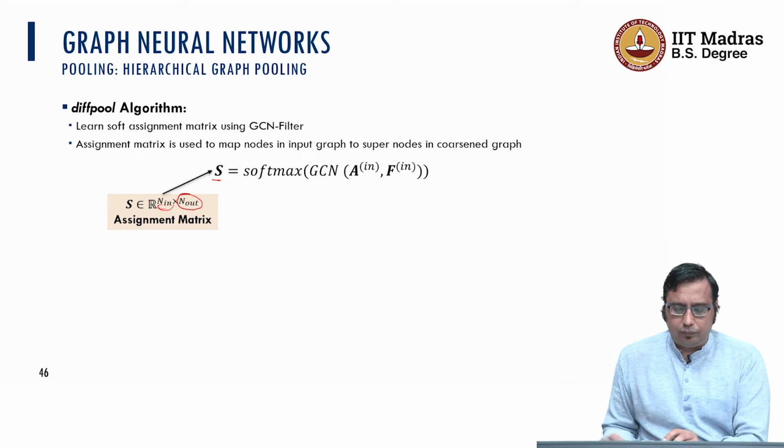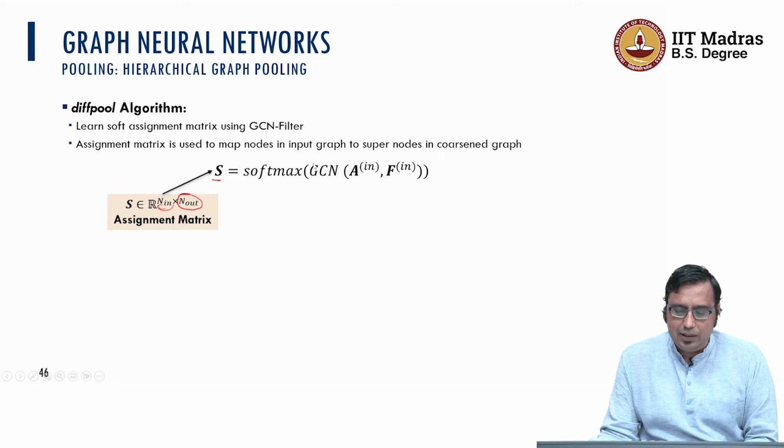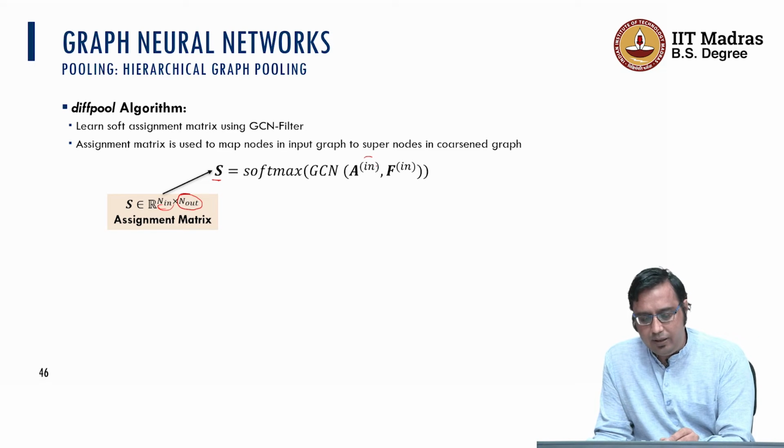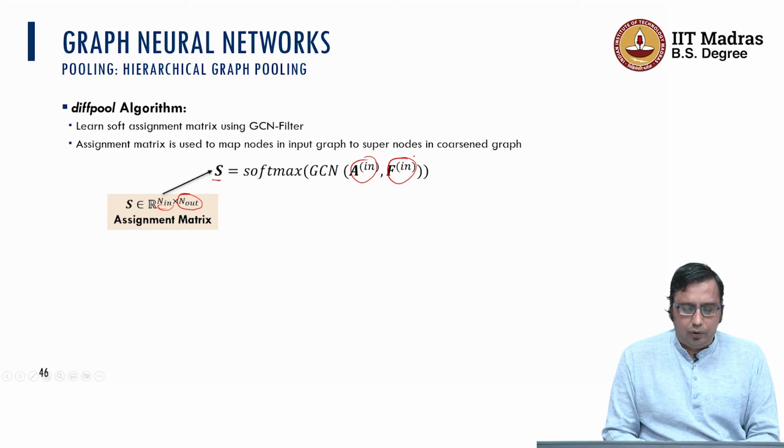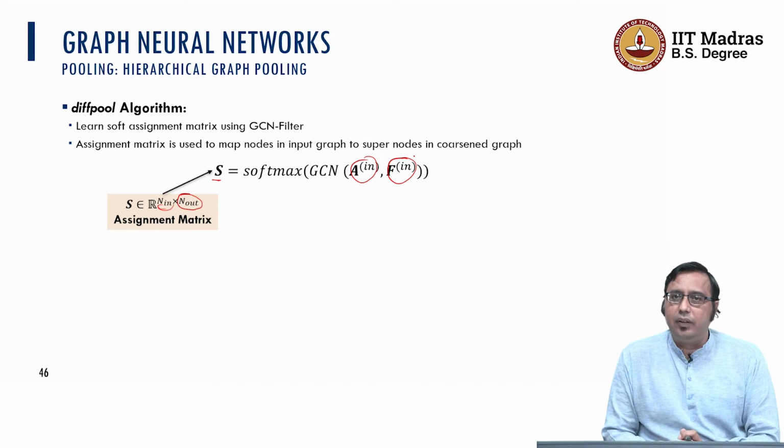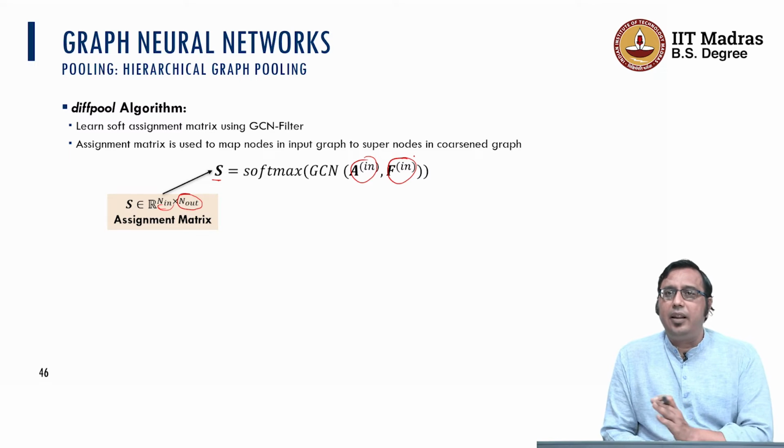Then softmax is applied on the output of GCN, which takes A_in and F_in as its input. If you recall, we have a set of filters in GCN and then there is a pooling layer.